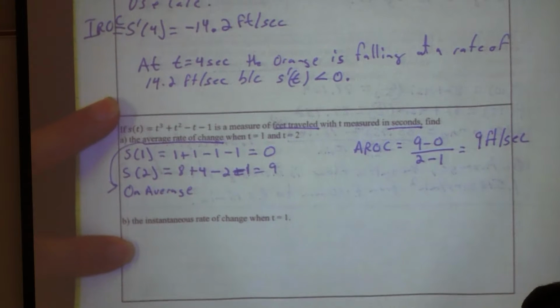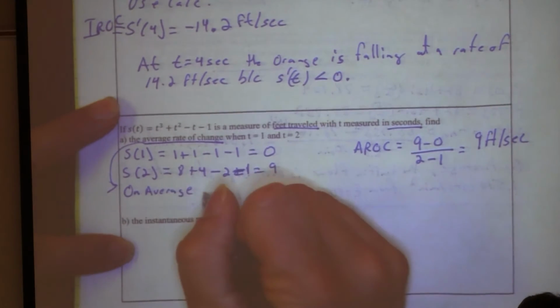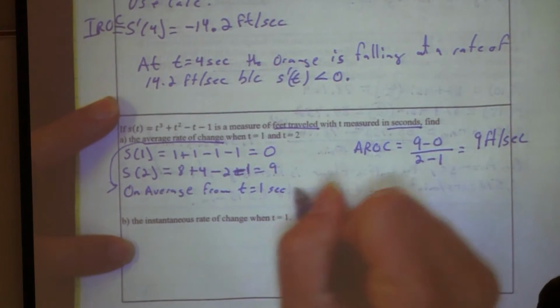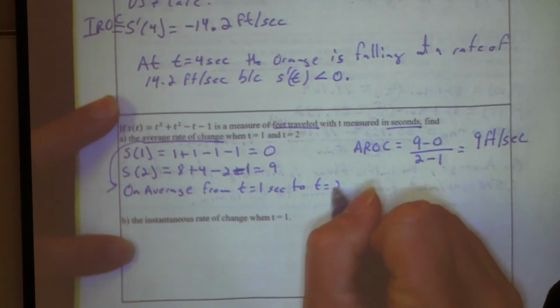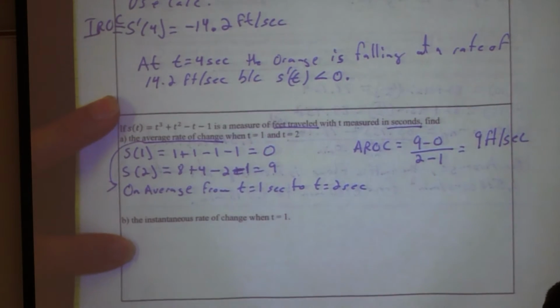So on average, could we even put the time interval first? So on average, from T equals 1 to T equals 2. From T equals 1 second to T equals 2 seconds, right? We could even throw that at the beginning if you wanted to.